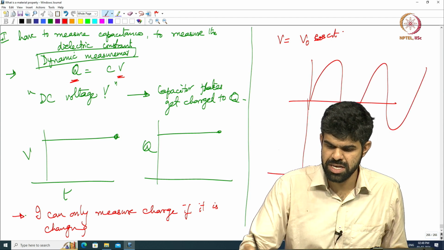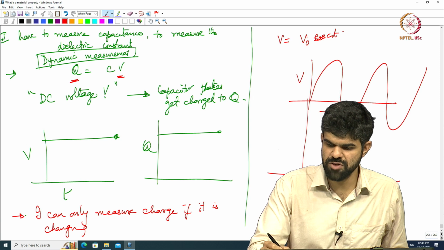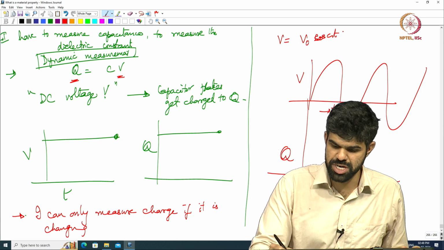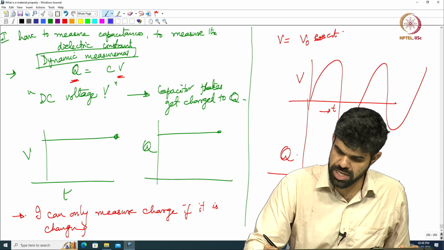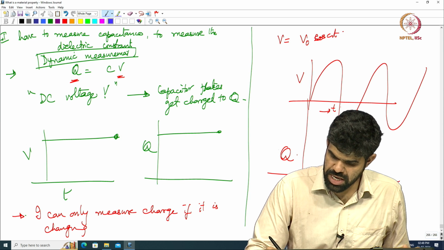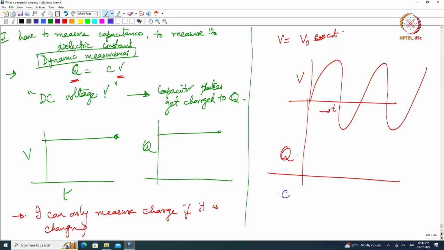Then, very nice, using this trick of measuring current and integrating it, I can also measure charge. Charge will go as C V naught cos omega t.